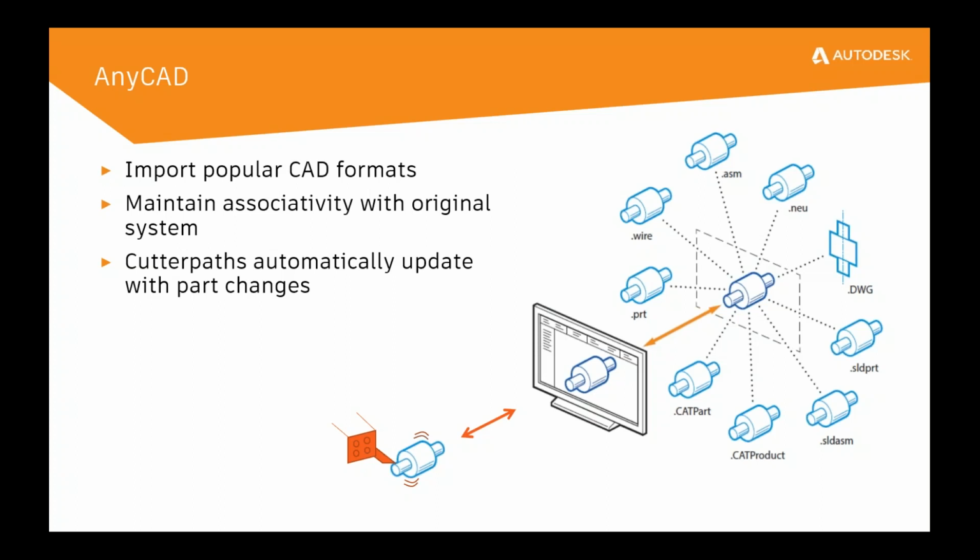You can just link to it. So if you've got a partner using SolidWorks, you just launch your Inventor and say, point to that SolidWorks part, I want to machine it. So it shows up on the screen and you start machining it. Now, if the guy changes that SolidWorks model, your model on the screen is updating because you're just linked to it. You're not actually going through that whole import-export process.